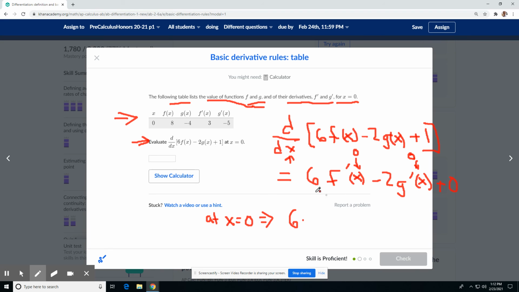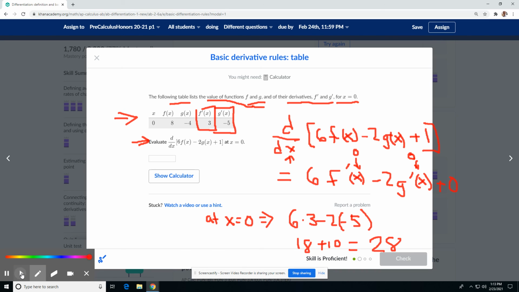Okay, so 6 times f prime at 0 is 3, minus the 2 times g prime, which is -5. And that's still multiplied. Okay, let's go ahead and simplify. That would give us 18. A negative and a negative make a positive. That's 10. Answer 28 on this one.